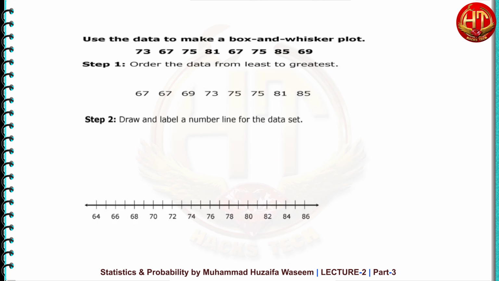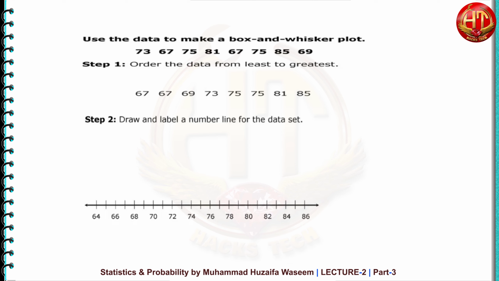Use the data to make a box and whisker plot. You have been given observations. So how can we draw the box plot from the given series? Your first step will be to arrange the given series in ascending order.